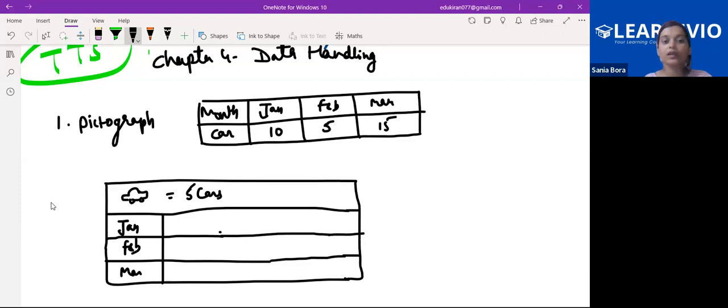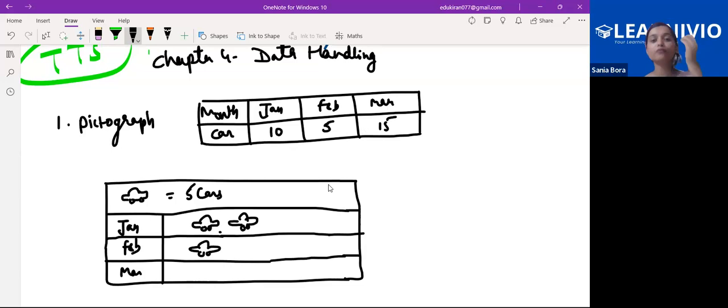Clear? So that means in January it was 10 cars. How many cars should I draw here? 2 cars, right? 5 and 10. Done. Now in February, it's only 5, so I will draw only 1 car. Now in March, there are 15.